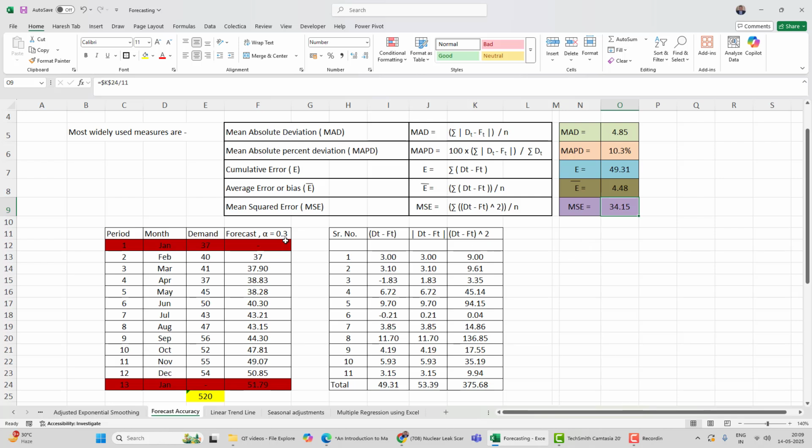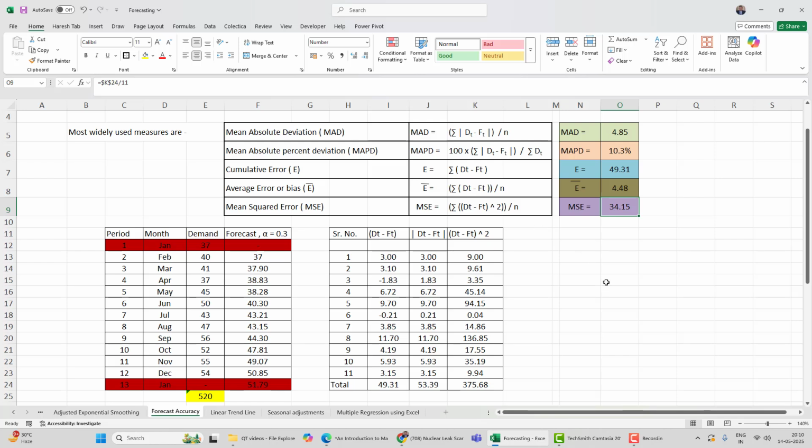Suppose the other alpha equal to 0.4 gives you a different MSE. If the MSE is lower than this, that means the alpha equal to 0.3 model is less accurate. Lower the error, the more accurate that particular model is.